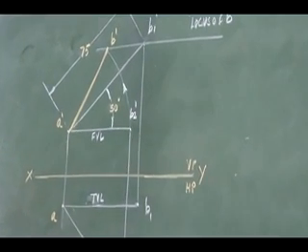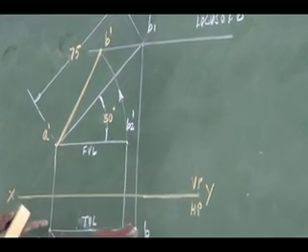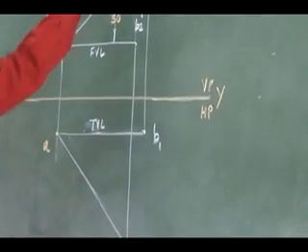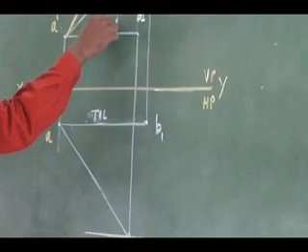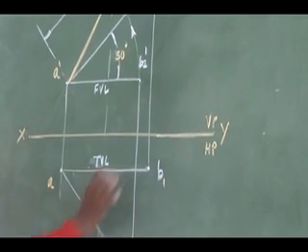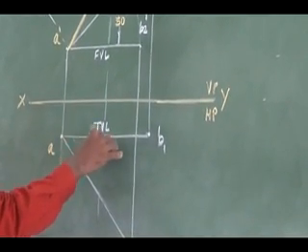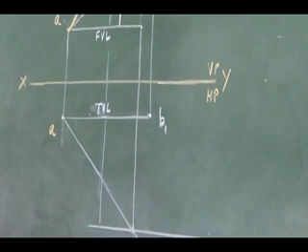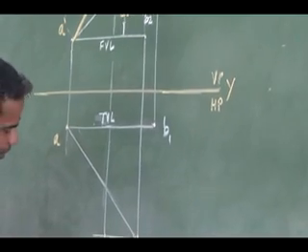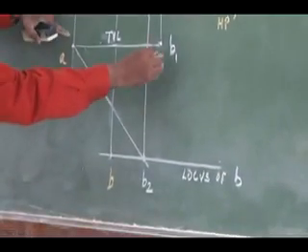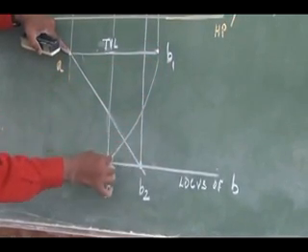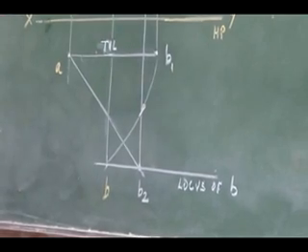What can I do to draw the top view? Either I can rotate the top view length to the bottom locus, or I can draw a projector line from this end. Wherever this projector line meets, that is my final B. Even if I rotate this A, B1, the top view length, it will be exactly here.